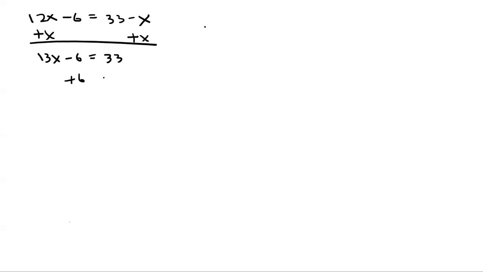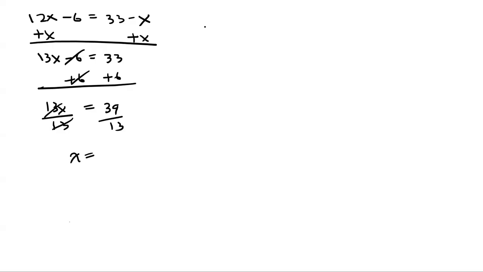Okay, add 6 to both sides. So that cancels. We have 13x equals 39. What's the next step? Okay, divide by 13. Good. Perfect. So x gives us what? 39 divided by 13 is 3. Good.